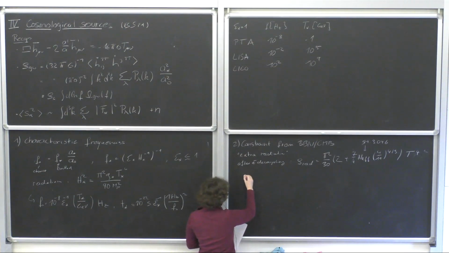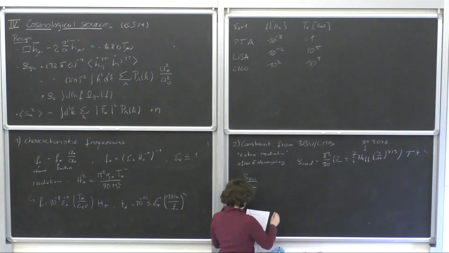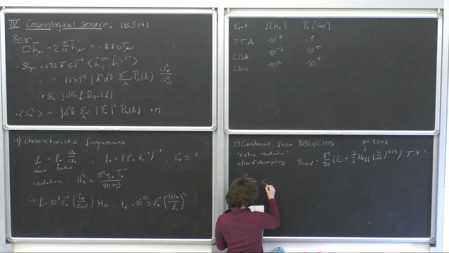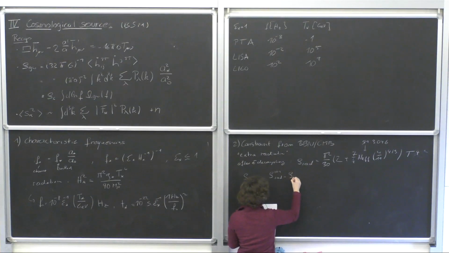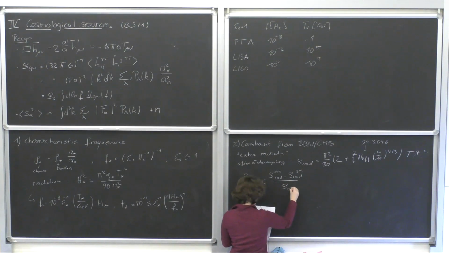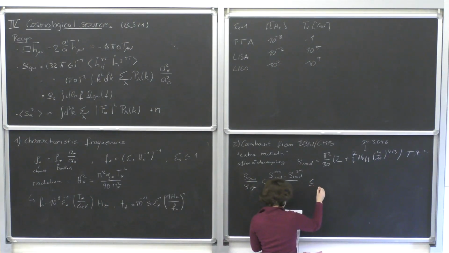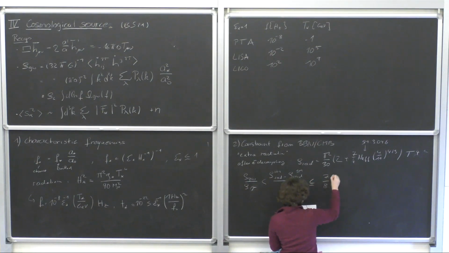Since gravitational waves are radiation, the amount of energy in gravitational waves, normalized to what we have in photons, has to be smaller than whatever we observe in radiation minus what we know we have from the standard model. And this is exactly what is parameterized by N effective.